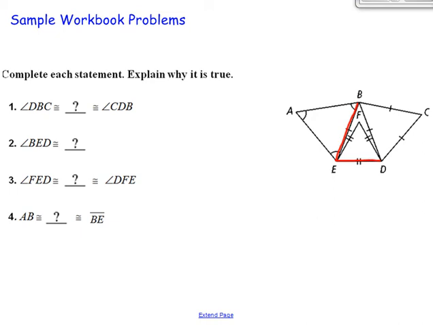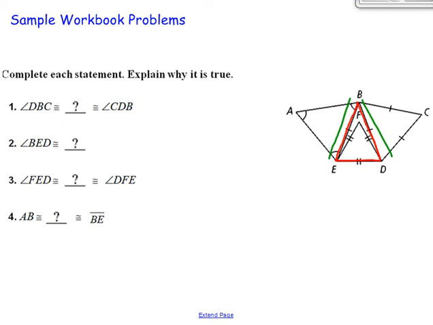And we can see that BED is part of an isosceles triangle that also includes the side BD, and because it's an isosceles triangle, and because I know these 2 sides, side BE and side BD, are congruent, then I know that the 2 angles BED and BDE are congruent as well.